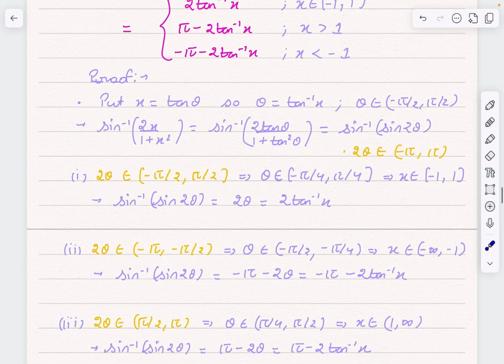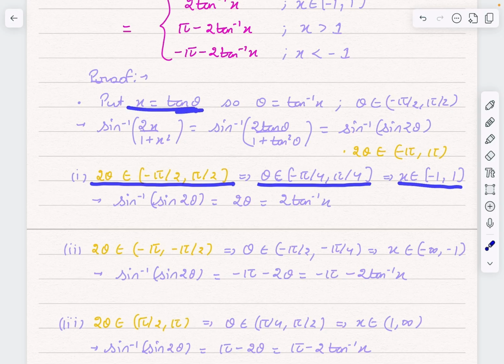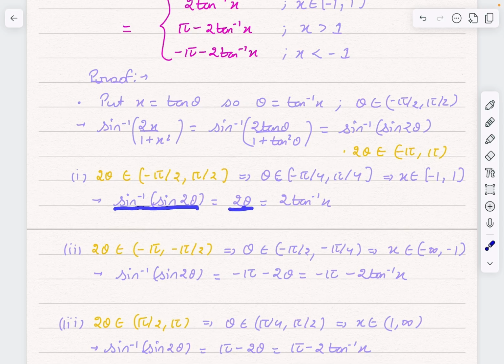First case would be when 2 theta belongs to closed minus pi by 2 to closed pi by 2. In that case, theta will be minus pi by 4 to pi by 4, and x, which was tan theta, will belong to minus 1 to 1. In this case, we get sine inverse of sine 2 theta as 2 theta only.